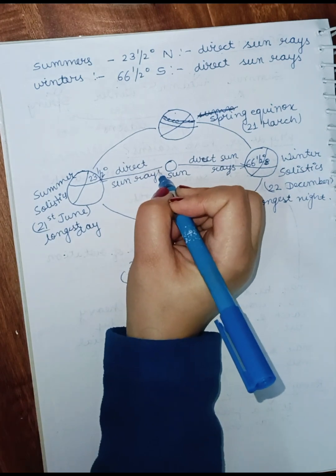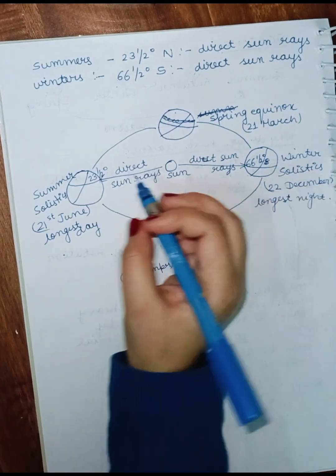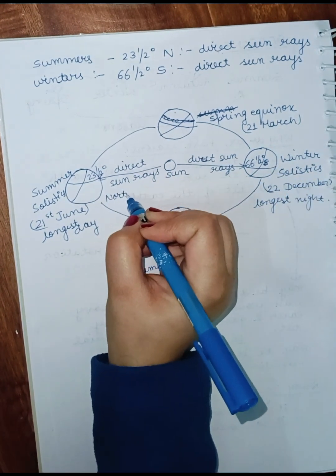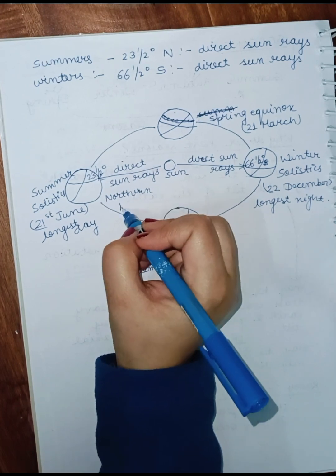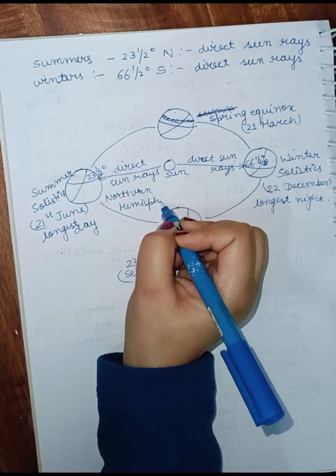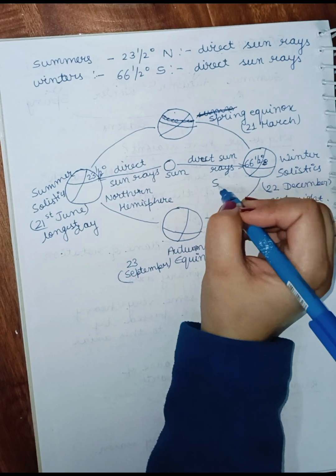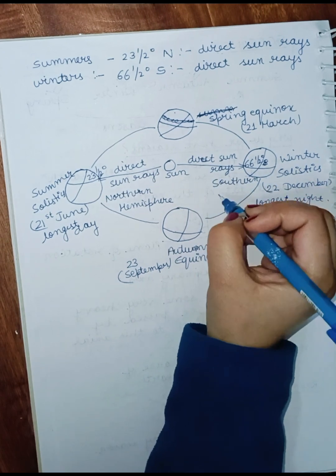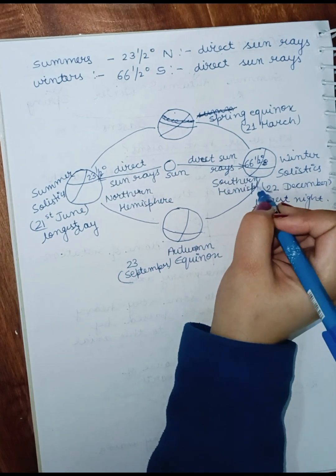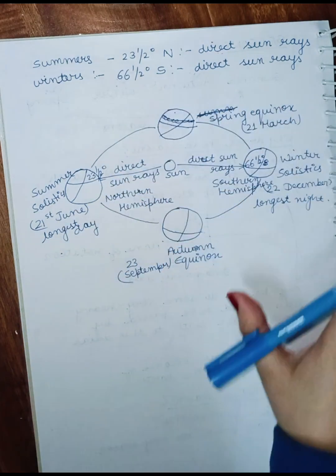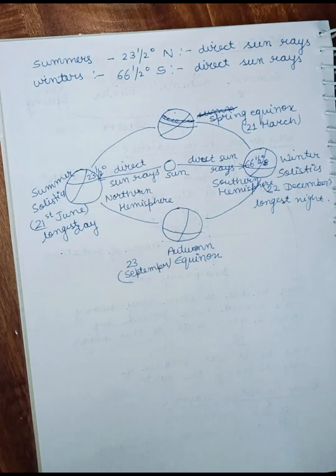This is occurring in the northern hemisphere, and this is occurring in the southern hemisphere. So this is the full chart of why the seasons are occurring and where the sun rays are going.